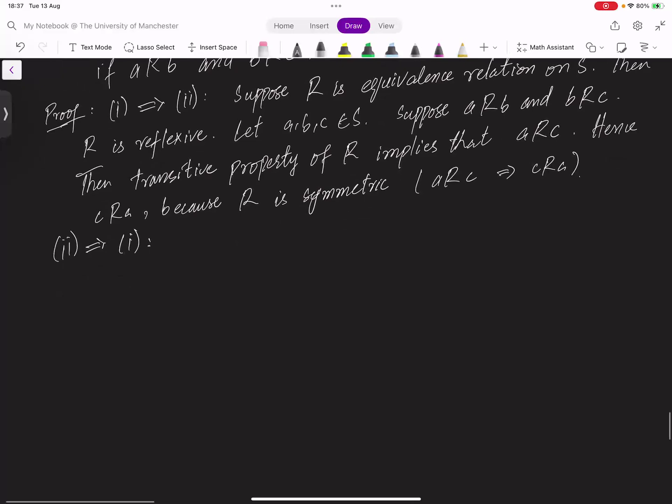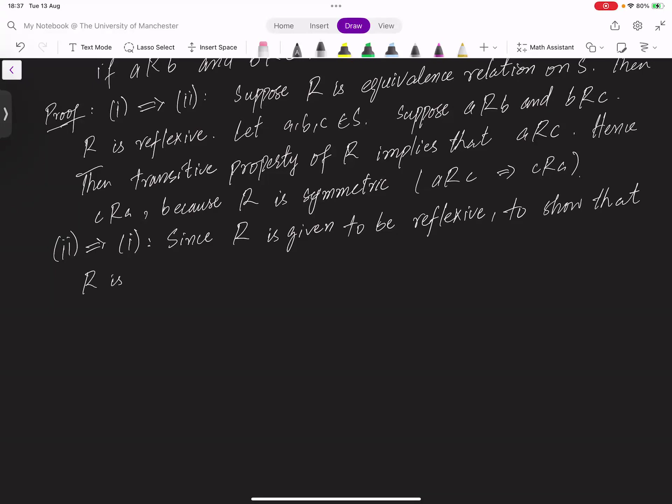So to do that, since R is reflexive, as given, and to show that R is an equivalence relation, we only need to show that R is symmetric and transitive.